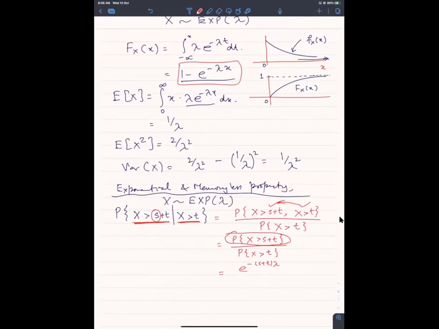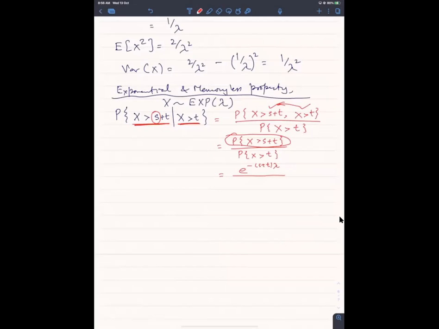So उसको 1 से minus करेंगे तो e to the minus lambda. This would be e to the minus t lambda. So this turns out to be e to the minus s lambda, which is the same as the probability x is greater than s.